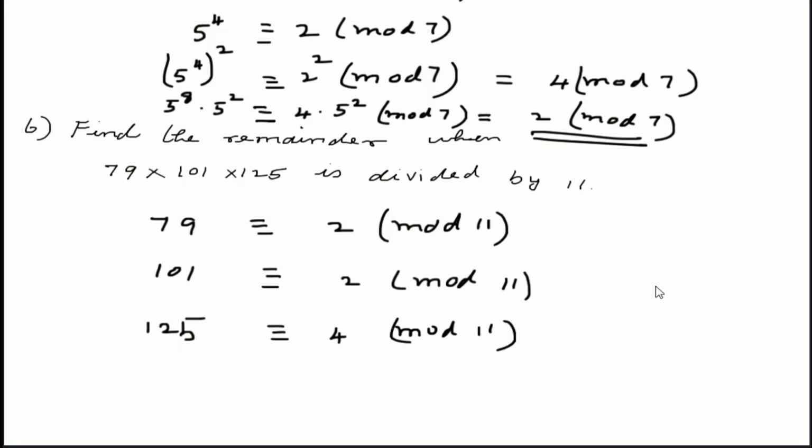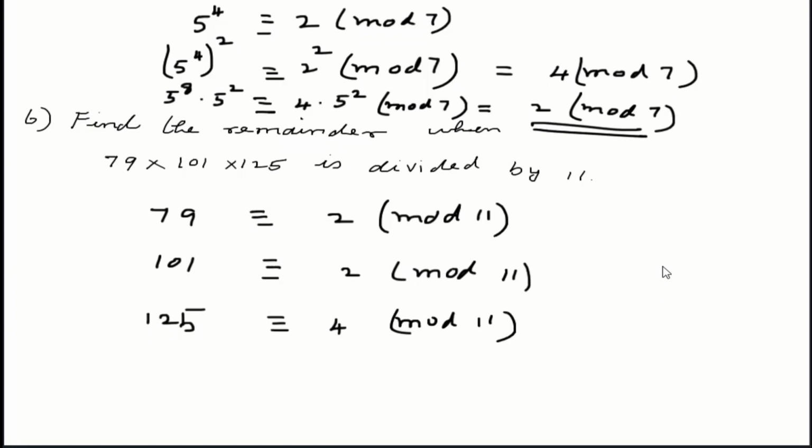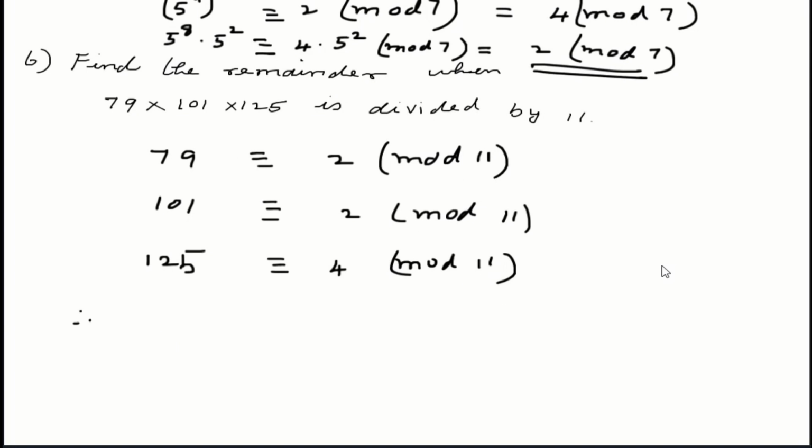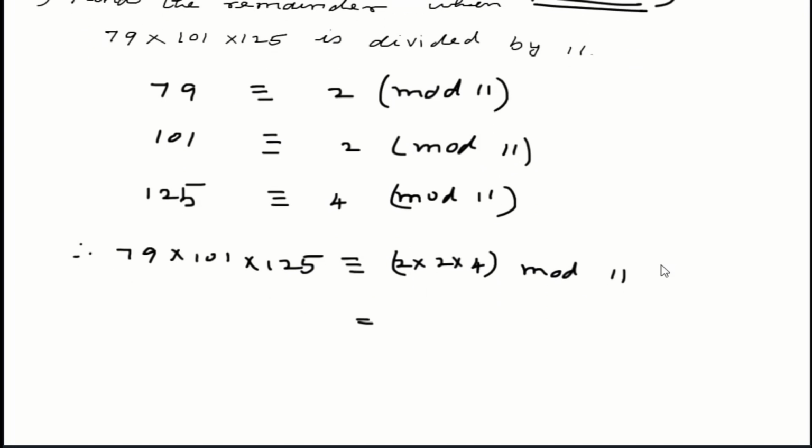So I have done it separately for each number. Now I should multiply. Therefore, 79 into 101 into 125 is congruent to 2 into 2 into 4 mod 11. 2 2s are 4. 4 4s are 16. 16 when divided by 11 gives 5 as the remainder. So the final answer is 5 mod 11.